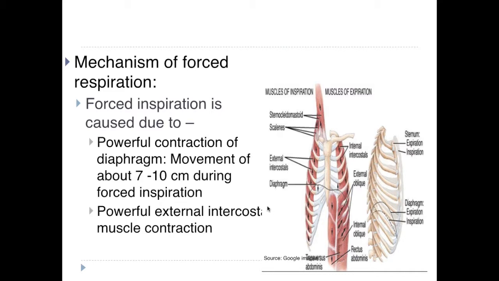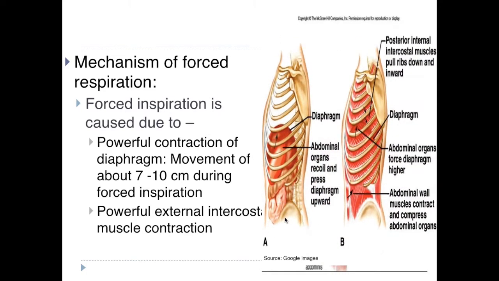Second is forceful contraction of the external intercostal muscle. They cause more elevation of the ribs, leading to a greater increase in the transverse and anteroposterior diameters of the thoracic cage. So again you can see the diaphragmatic movement and movement of the external intercostal muscle.